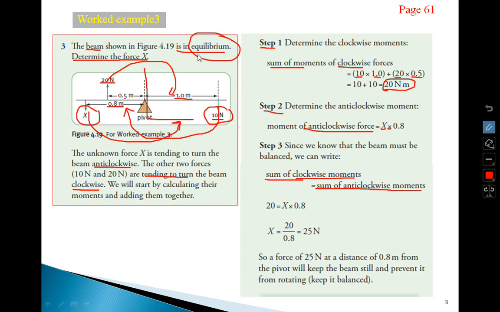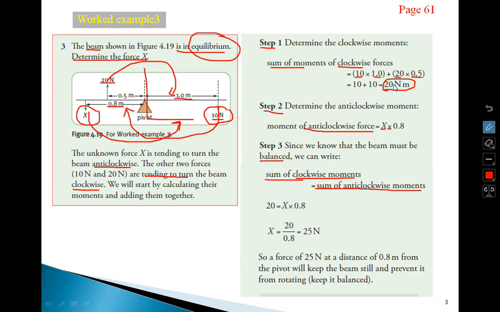Because the beam is in equilibrium, it must be balanced, so the summation of clockwise moments is equal to the summation of anti-clockwise moments.